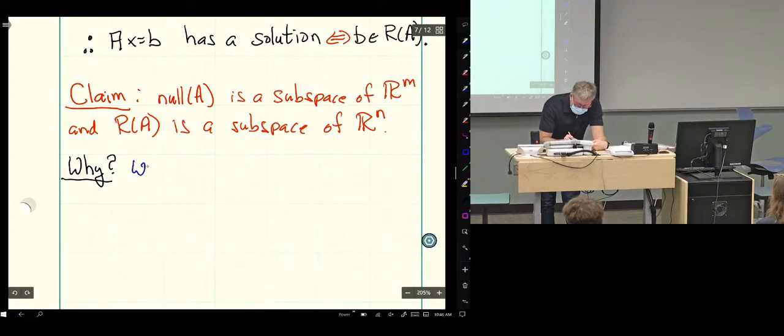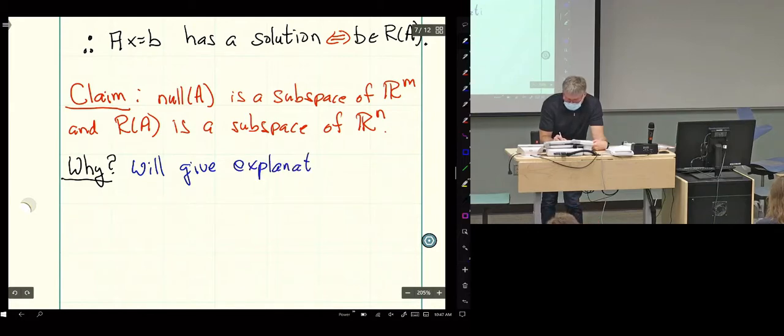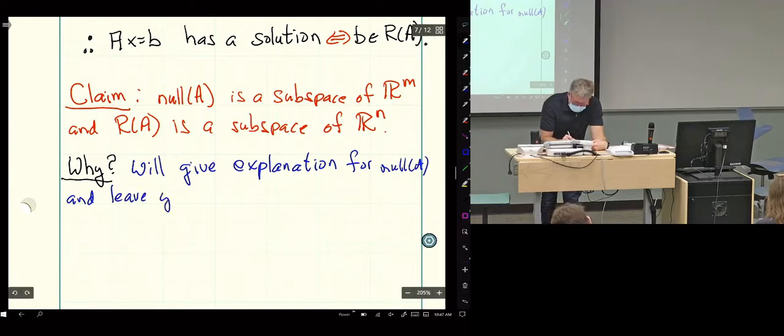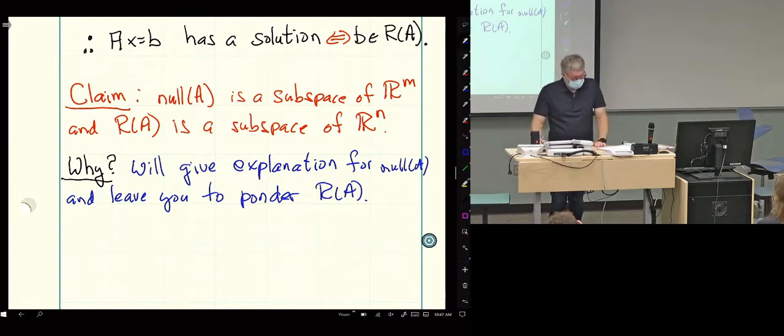So, explanation, for the null space, not the range. Okay, and actually what I'll do is I'll put both of these in the book eventually.